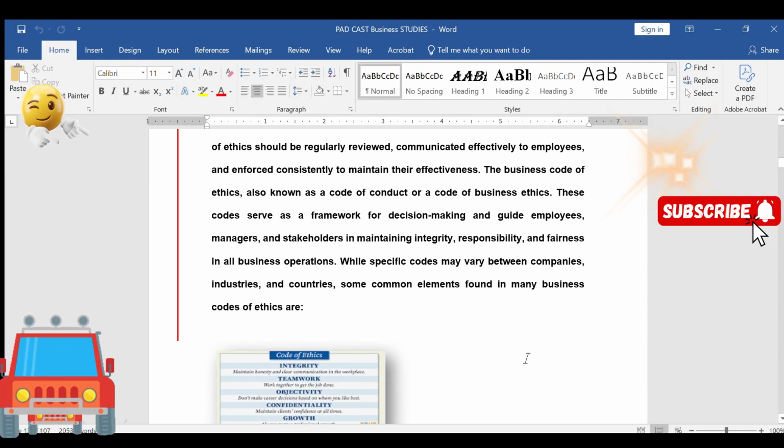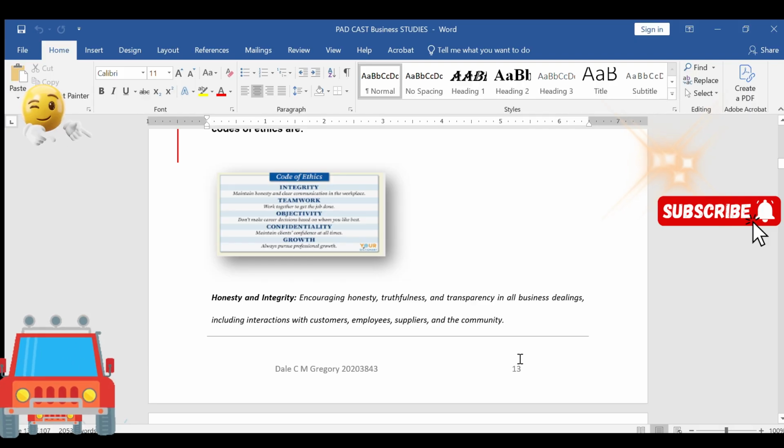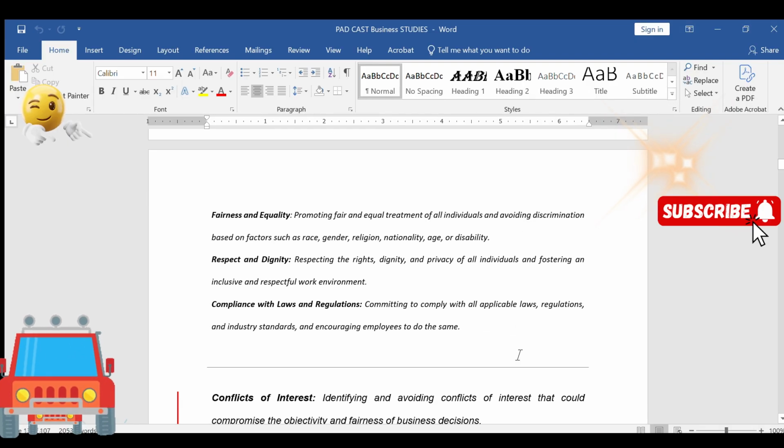While specific codes may vary between companies, industries, and countries, some common elements found in many business code of ethics are honesty and integrity, fairness, respect and dignity, compliance with laws and regulations.